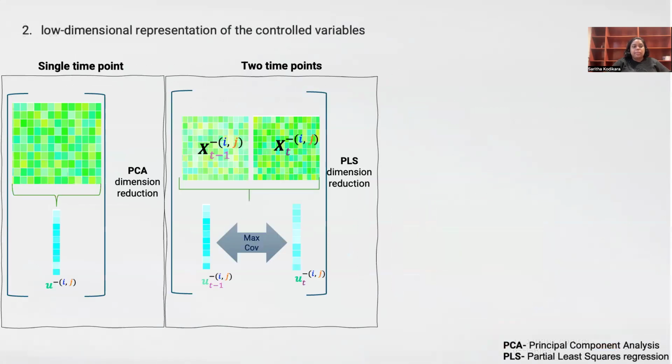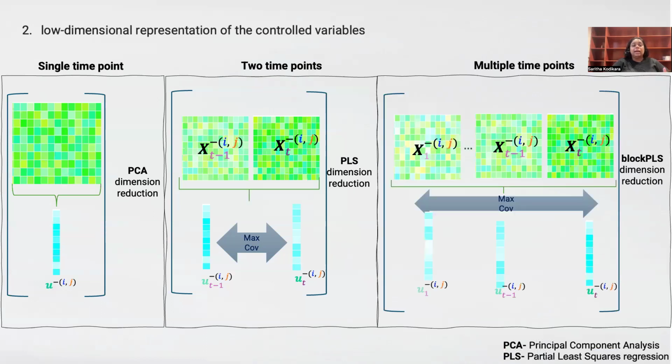So with 2 time points, the way to get the low dimensional representation of control variables is using partial least squares regression. If you have more than 2 time points, it's an extension of PLS referred to as block PLS, and I use this technique to get my low dimensional representation.